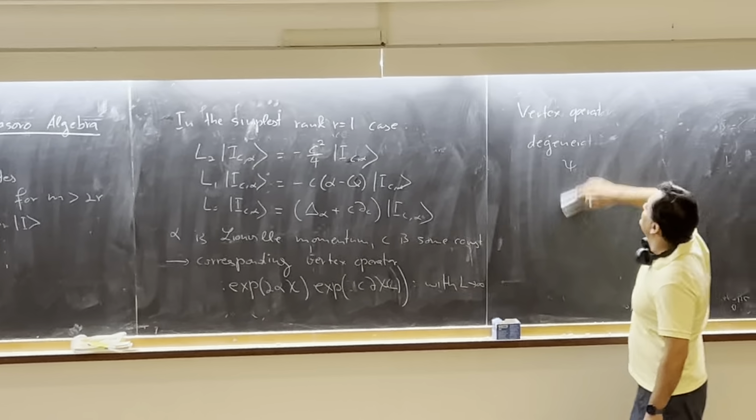So you have exponential of 2 over n factorial C_n del^n chi, and you have exponential of 2 over (n minus 1) factorial C_{n-1} del^{n-1} chi at L, and so on and so forth until you get to 2 C_1 del chi at L times 2 alpha chi.